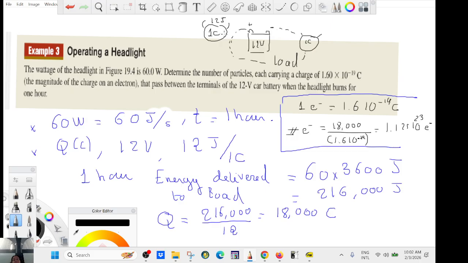As you increase the number of charges per second, you're going to increase the energy, you're going to increase the watts. So we're going to see next that the current is coulombs per second, but that's the next unit.